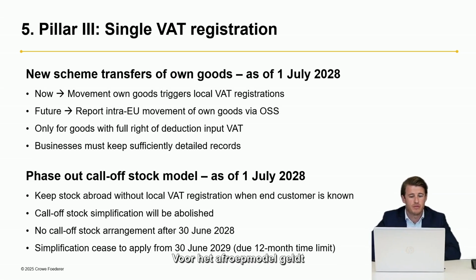However, for the call-off stock model, a 12-month time limit applies for transferring the goods to the intended customer. So, from 30 June 2029, the simplification will officially no longer exist, and all movement of goods can then be reported via the OSS scheme.